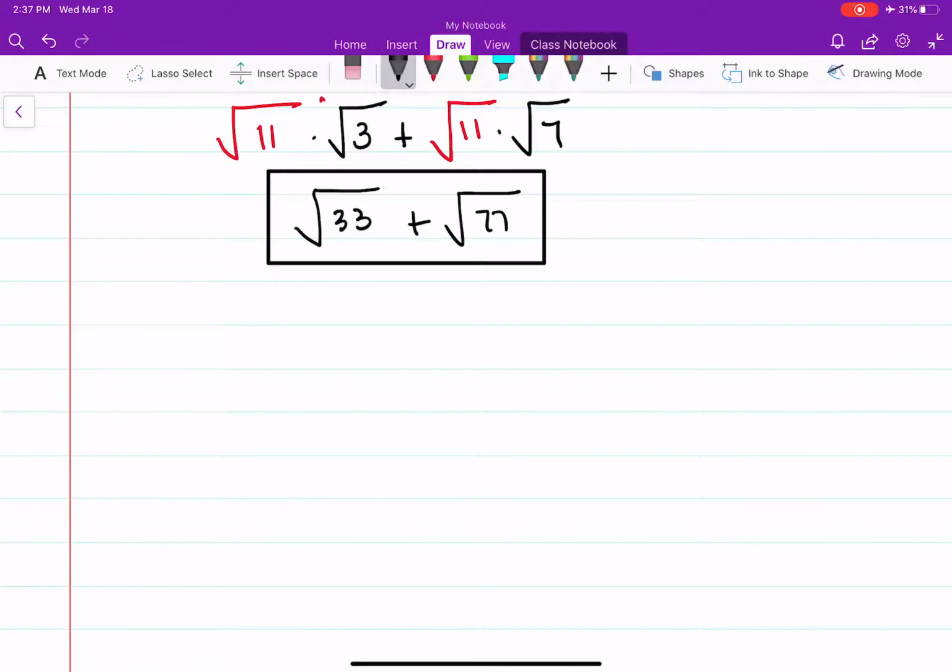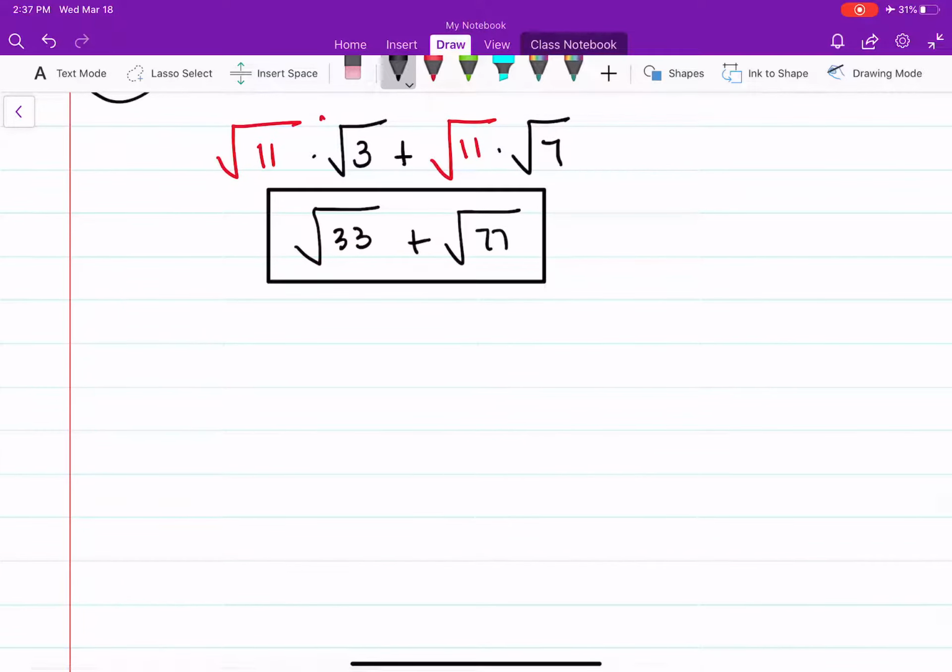So another example, well, before I do another example, here's something that you should know or remember.